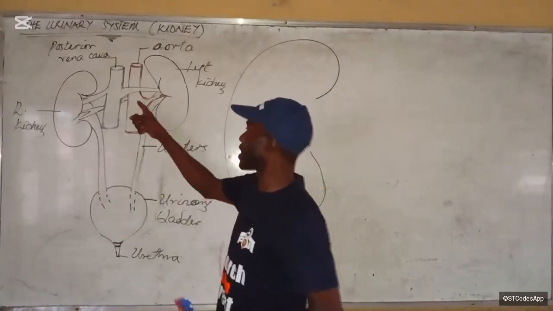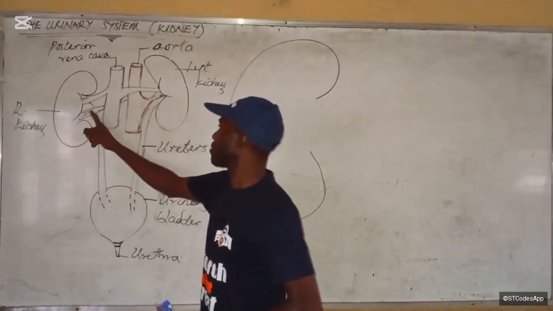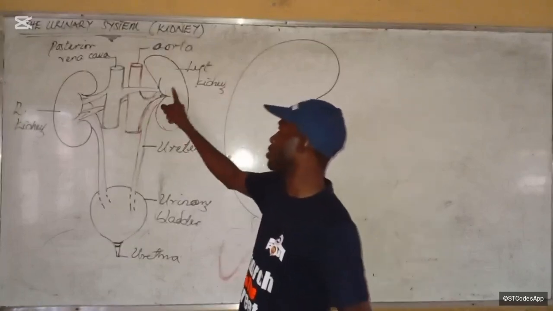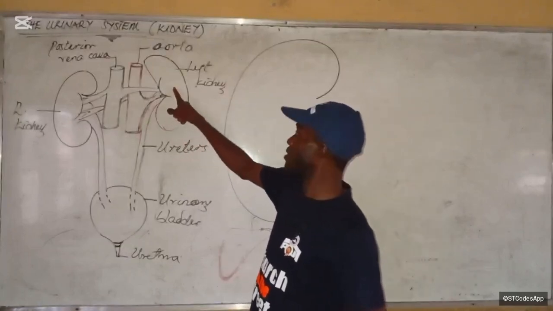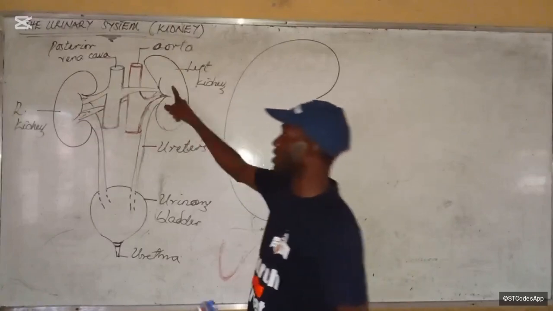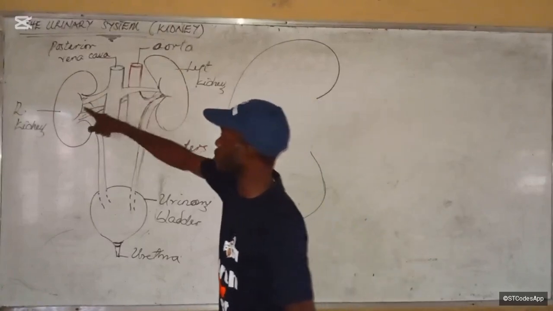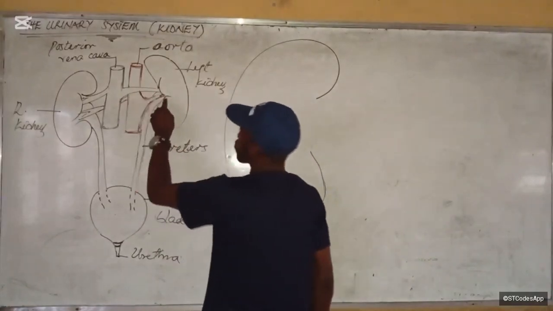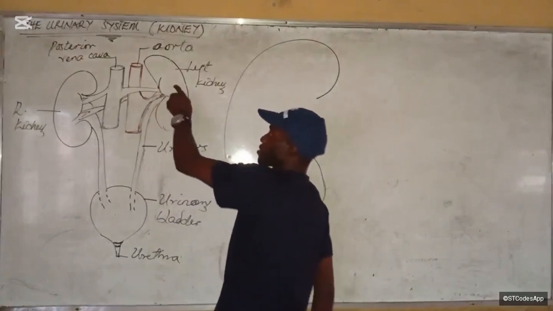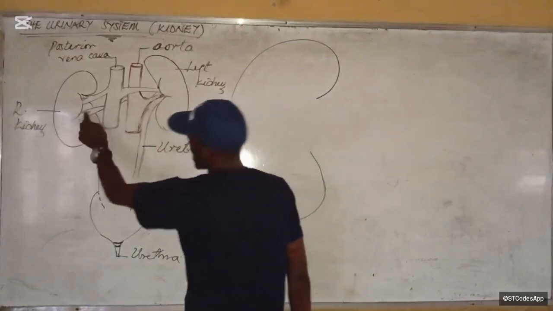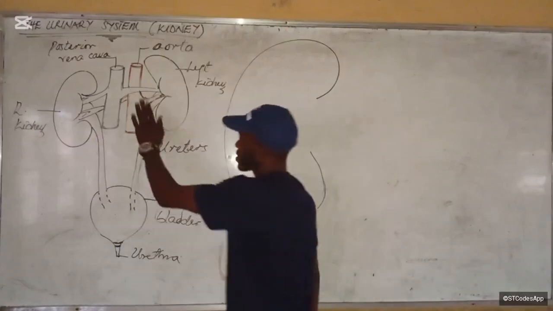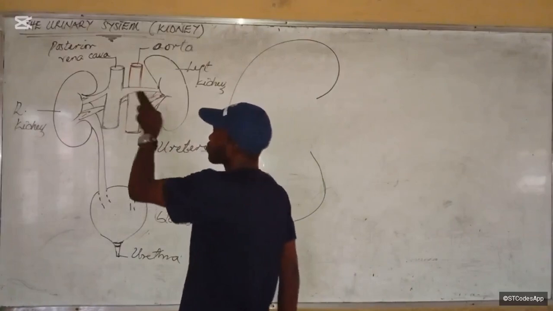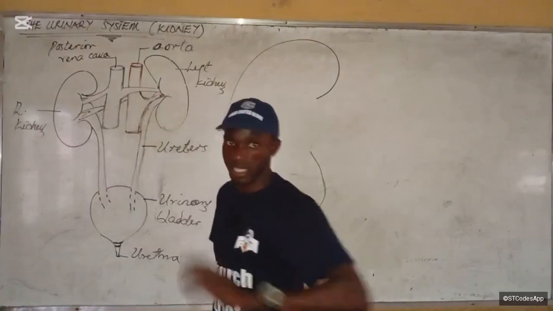The artery here is connected by this tube to the left kidney, and by this other tube to the right kidney. This tubule supplies blood to both the left kidney and the right kidney. The aorta supplies blood to the left and right kidneys.